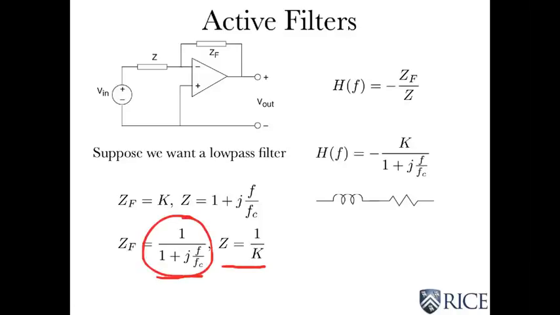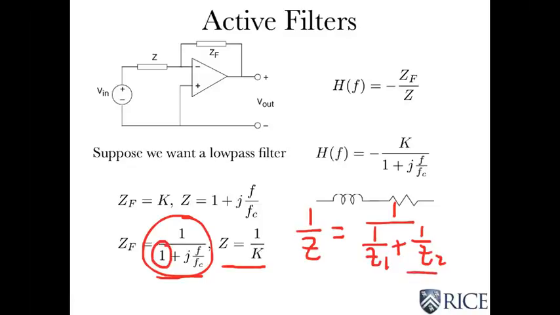What that's telling me is that I have two elements in parallel, because if you have a parallel combination of two impedances, that's 1 over Z1 plus 1 over Z2, which will give us the old parallel form of the product over the sum. So Z1 is a 1, so it's a resistor, and 1 over Z2 looks like that, which means it's a capacitor.